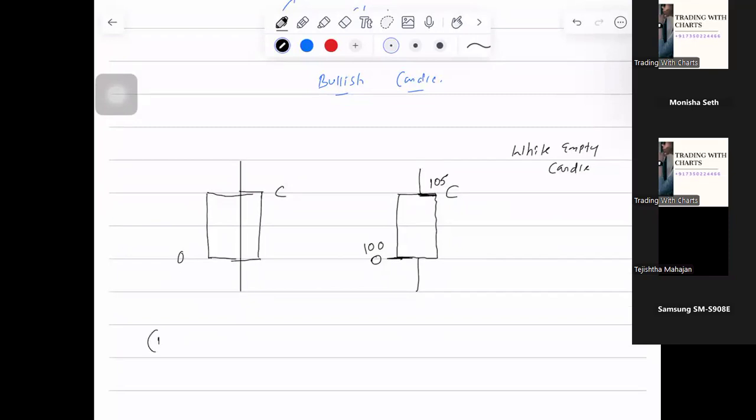First property is the real body. Real body means the difference between the opening price and the closing price. In this case, opening is 100 and closing is 105. So this box which you can see at the center, we call it the real body of a candle.